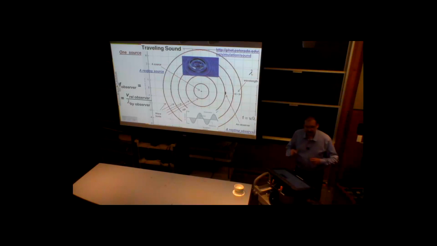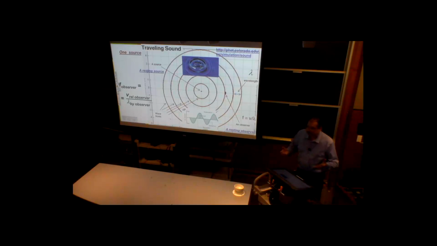if we could take a marker and mark all points which oscillate in phase, that would be a surface. That actually would be a sphere, and that sphere has a name. We call it a wave front.